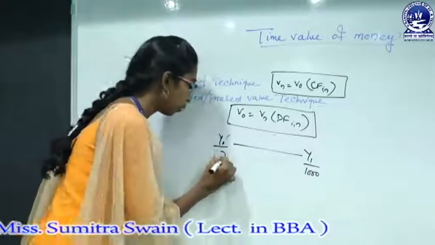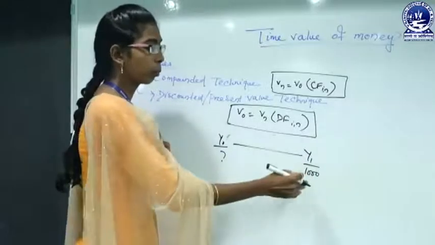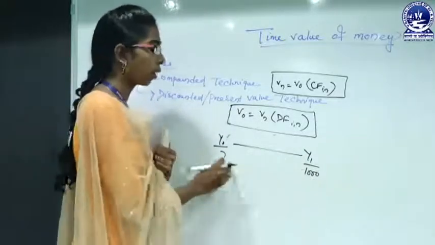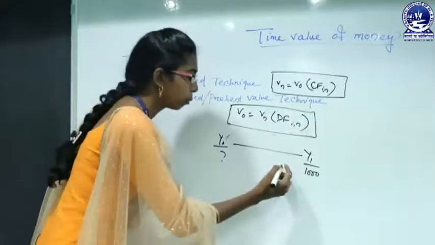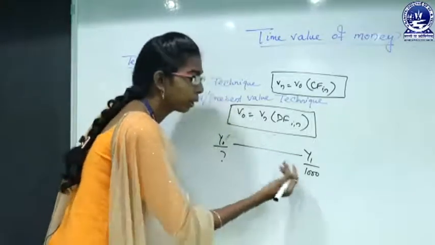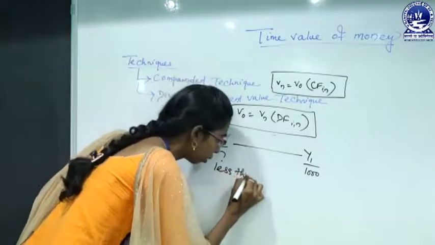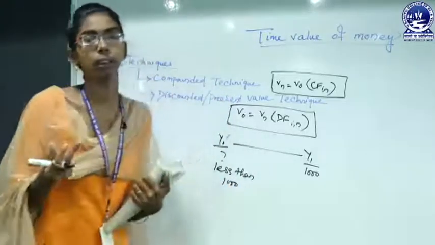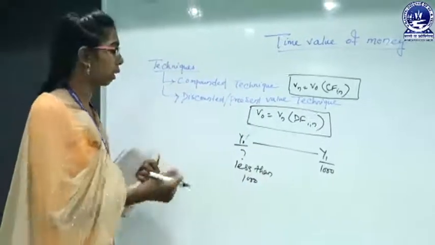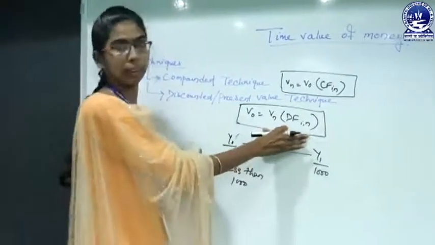Can we guess whether the value is going to be more than 1000 or less than 1000 before 1 year? Obviously it is something less than 1000, but by how much less than 1000, that we also have to calculate. So to calculate this we can use this table.